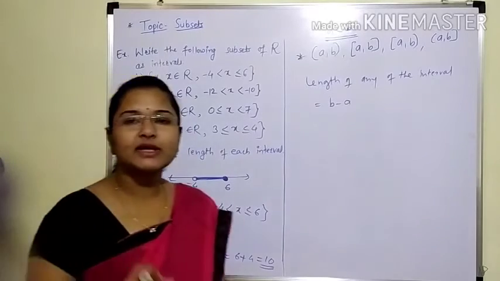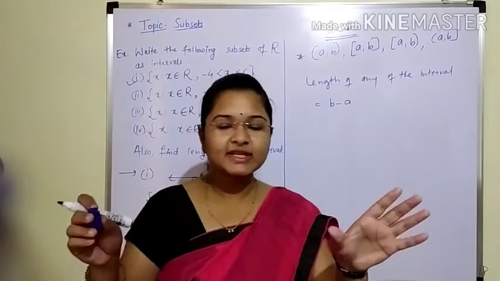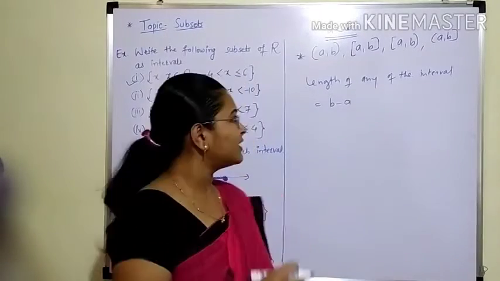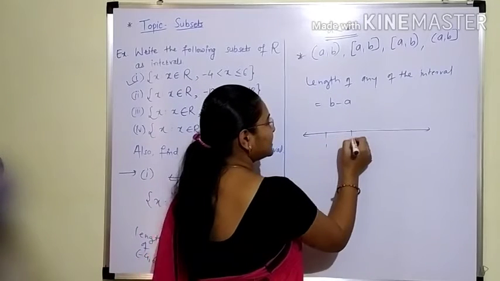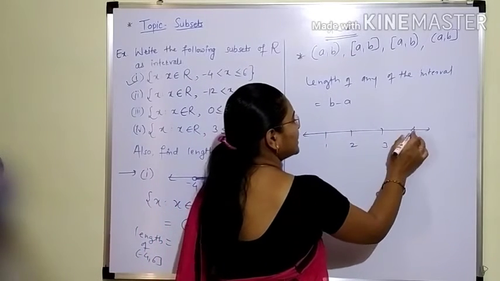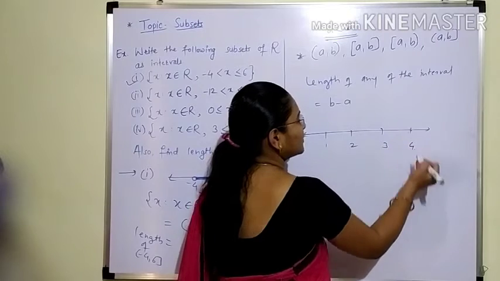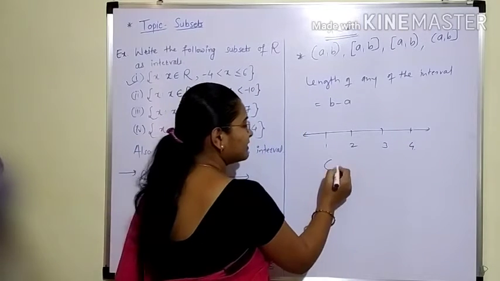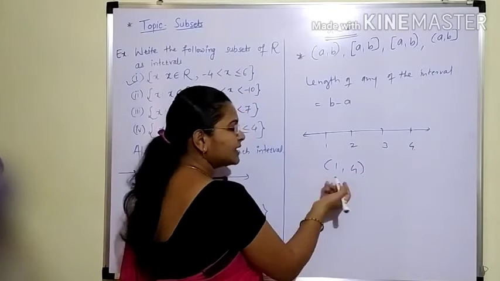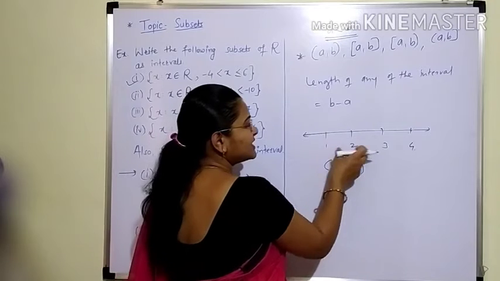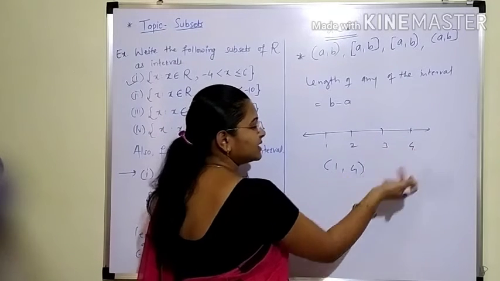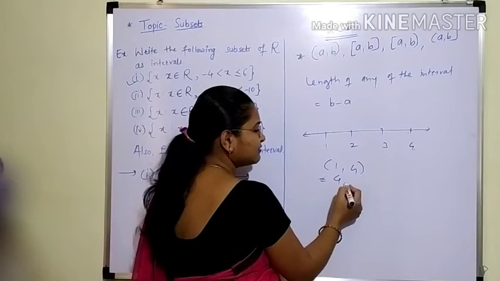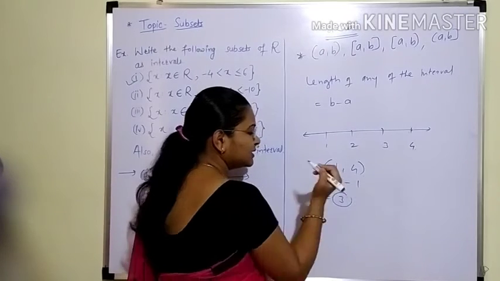Understood? See students, length means what? What is the distance between these points? For example, suppose on a real number line we have 1, 2, 3 and this one 4. Suppose we have the interval 1, 4. The length for 1, 4 is the distance between these two points. That is 1, 2, 3. Obviously we can write this as 4 minus 1, which is equal to 3.